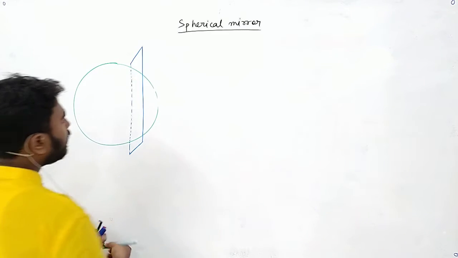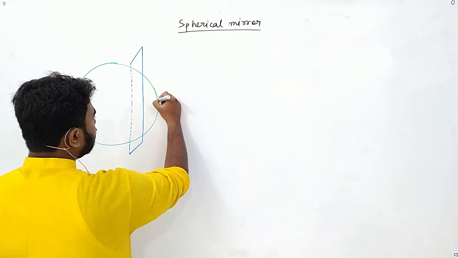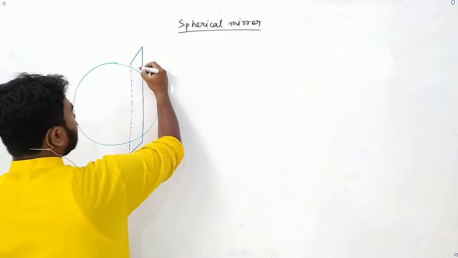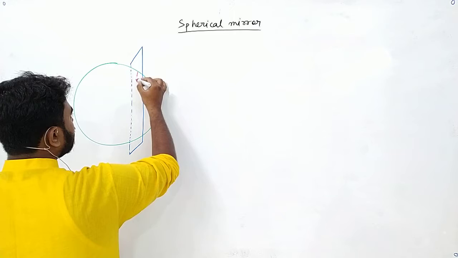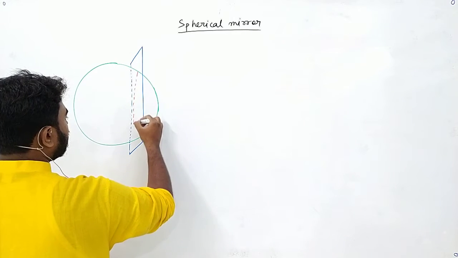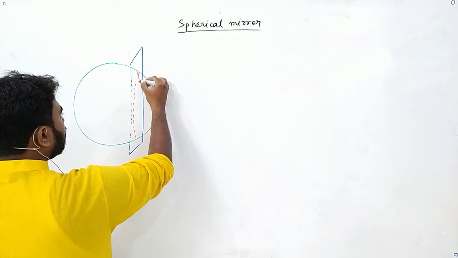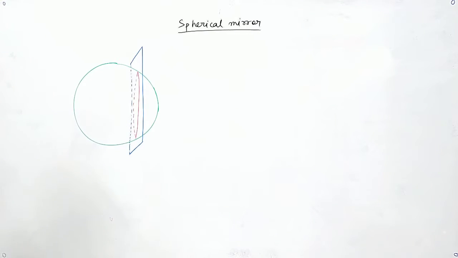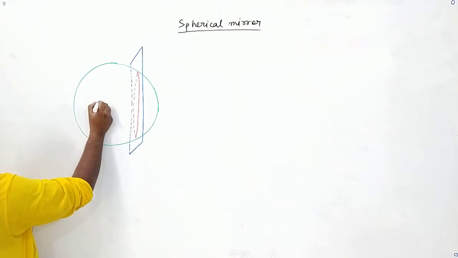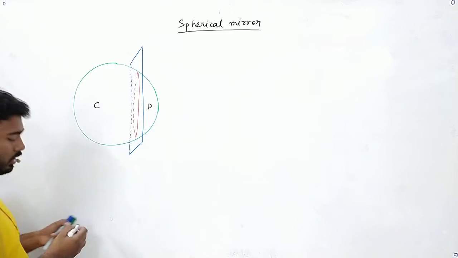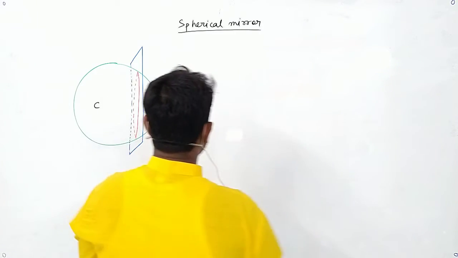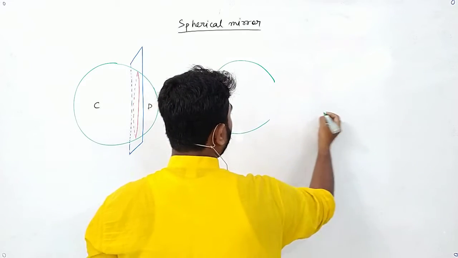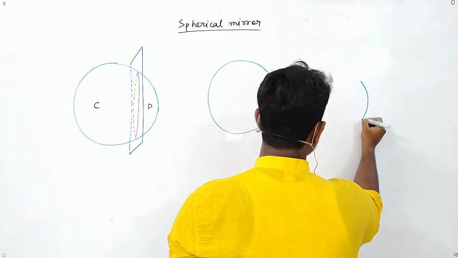So if we are dividing it from a lateral portion, see, we will get a section like this. Right? Now if I name it as C and if I name this portion as D, shall I get a portion like this and a portion like this?